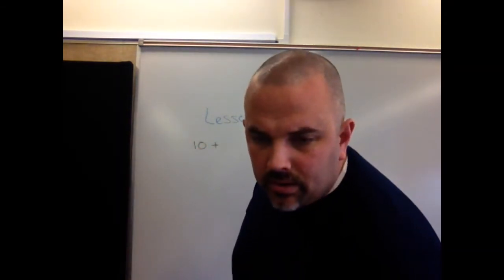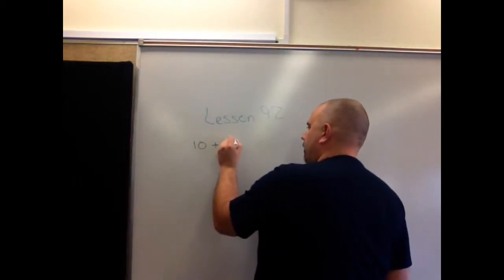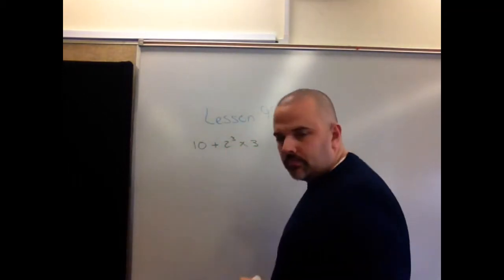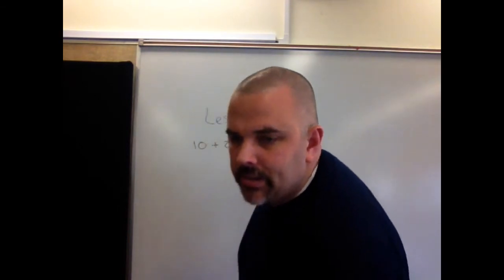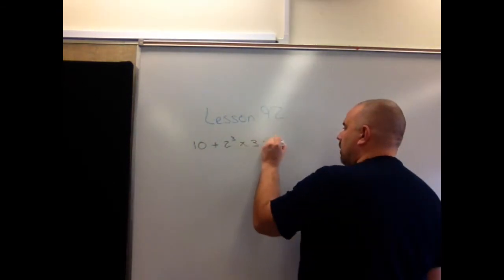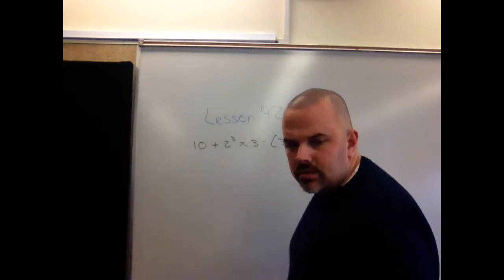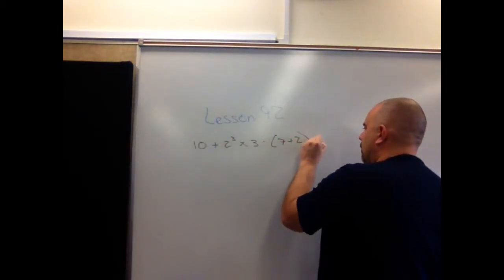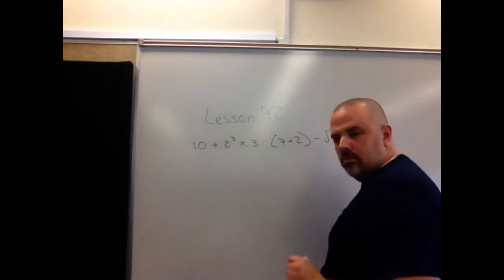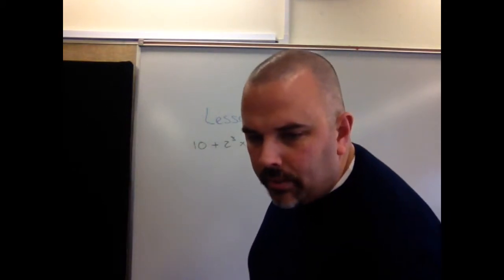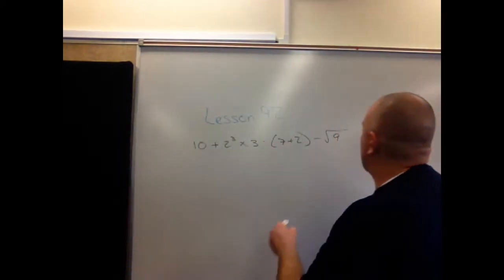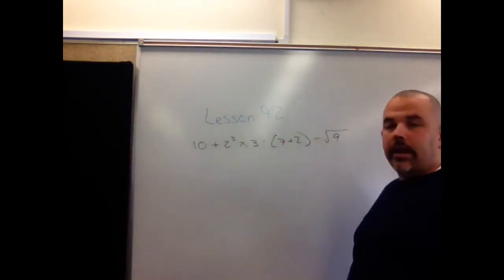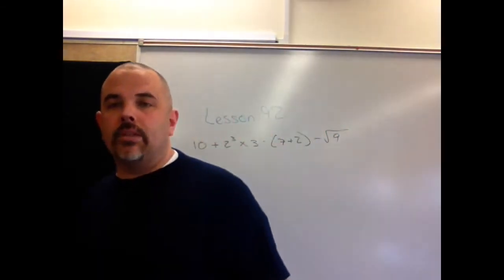That's 10 plus 2 cubed times 3 minus, that's a long one here, 7 plus 2 minus 9 divided by the square root of 9. Long thing, but let's remember.